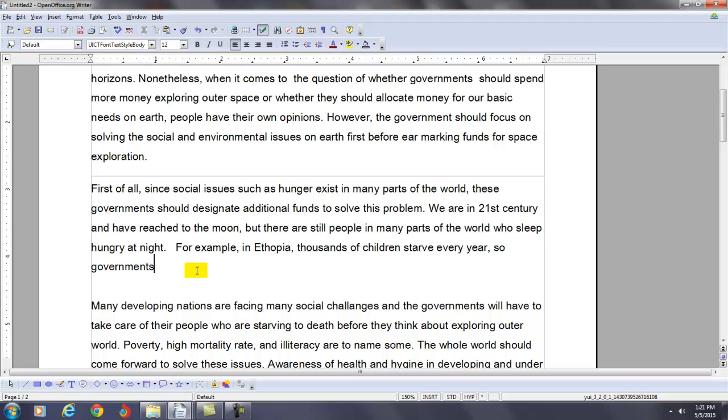So what we're going to try to do here is to try to just take that one idea and then write 100 words in that particular area. So that way you're showing some depth and progression to your ideas.